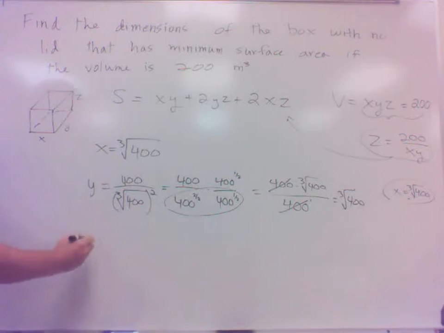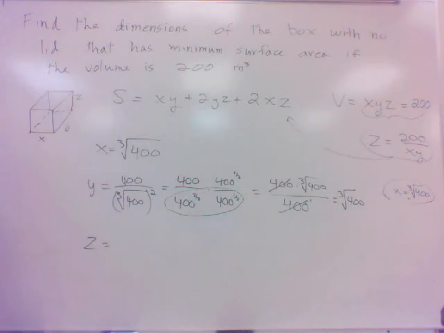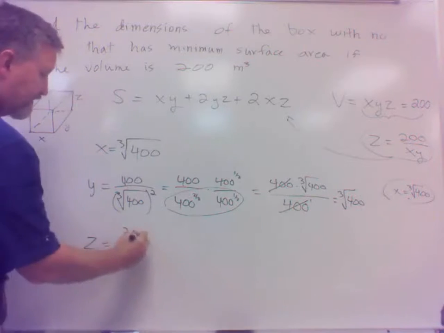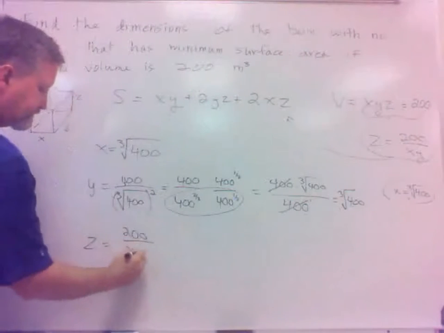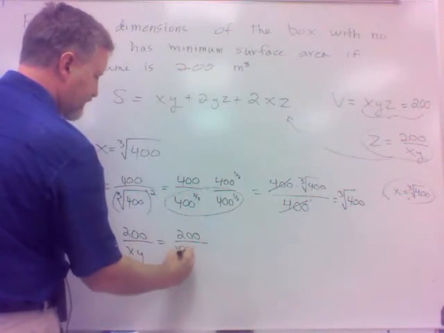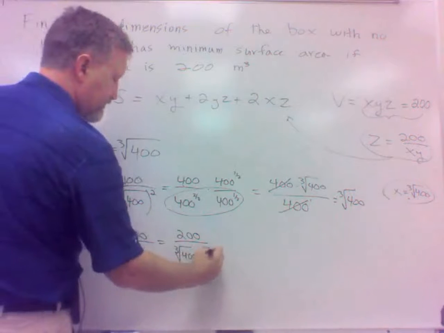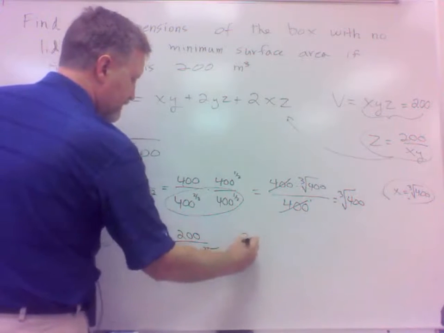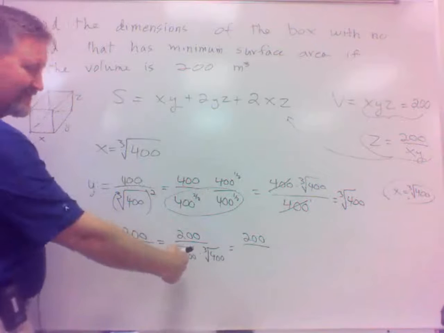Then we have, find the dimensions, so z would be 200 over xy, right? That's what we started with here. And so if we take 200 over the cube root of 400, that's x, times the cube root of 400, that's y, we have 200 over 400 to the 2/3 again.